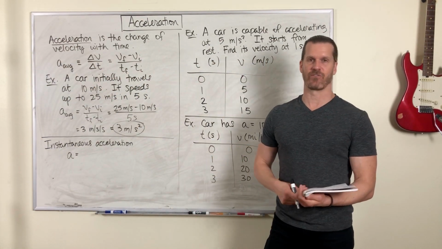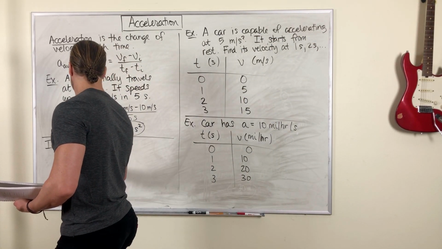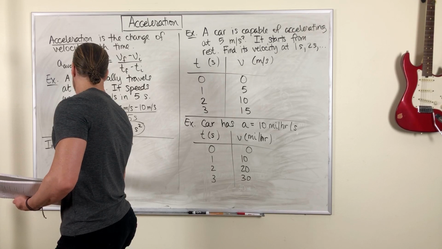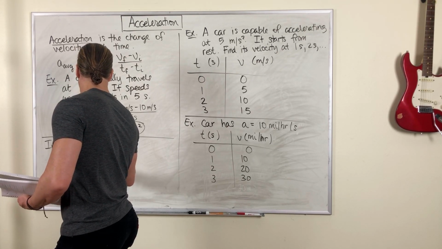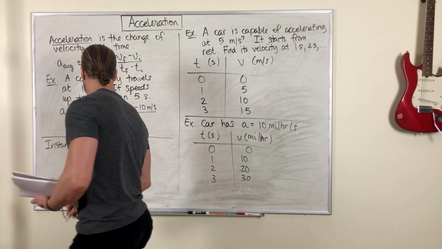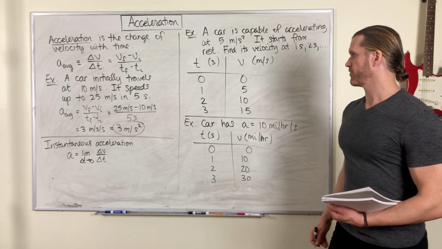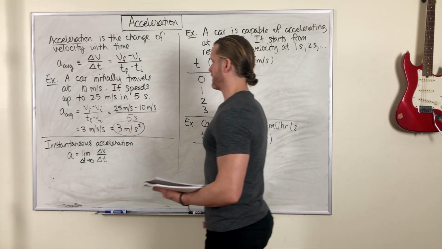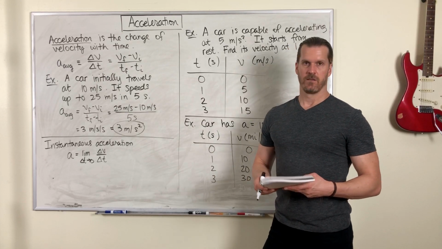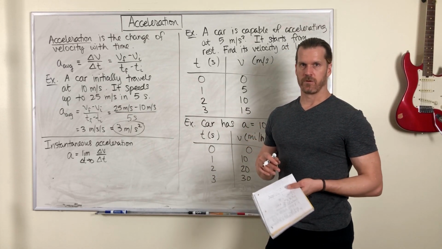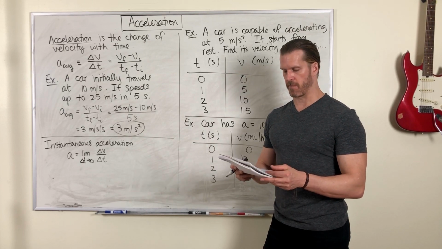It's not averaged over some time period. It's kind of a calculus thing. As that time interval gets really small, it's the limit of change in velocity over time. So instantaneous acceleration is how fast you're accelerating at a particular instant in time, not averaged over some longer time.